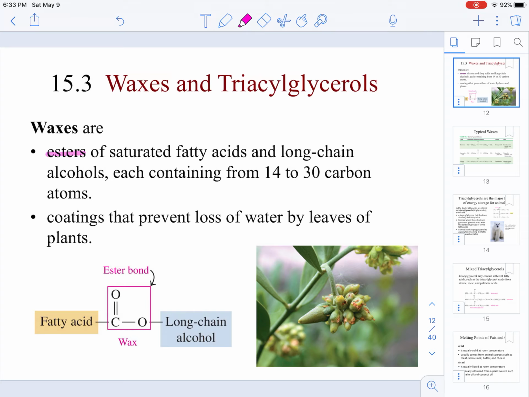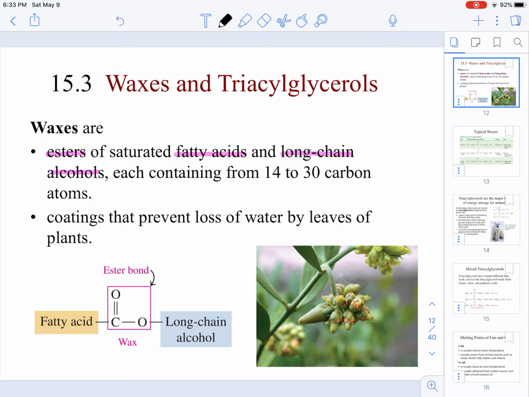These waxes are formed by linking a fatty acid with a long chain alcohol. So as you can see here, we have in a box illustrating the ester bond that takes together the fatty acid and the long chain alcohol to make this wax.